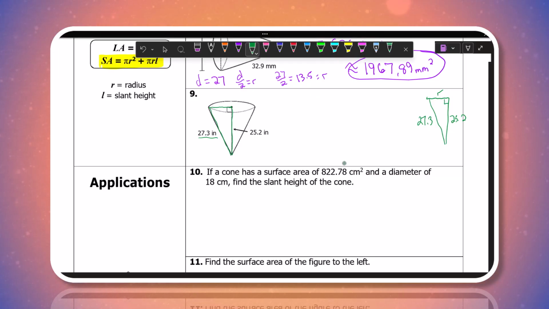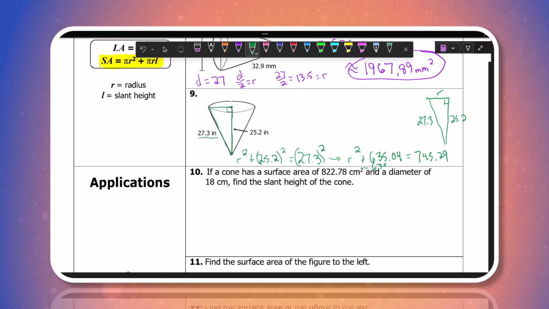So we use the Pythagorean theorem. R squared plus 25.2 squared equals 27.3 squared. So when we multiply those out, we get R squared plus 635.04 equals 745.29.